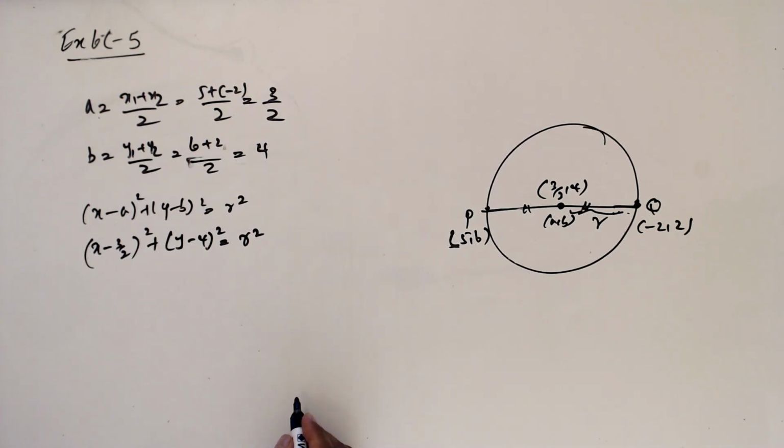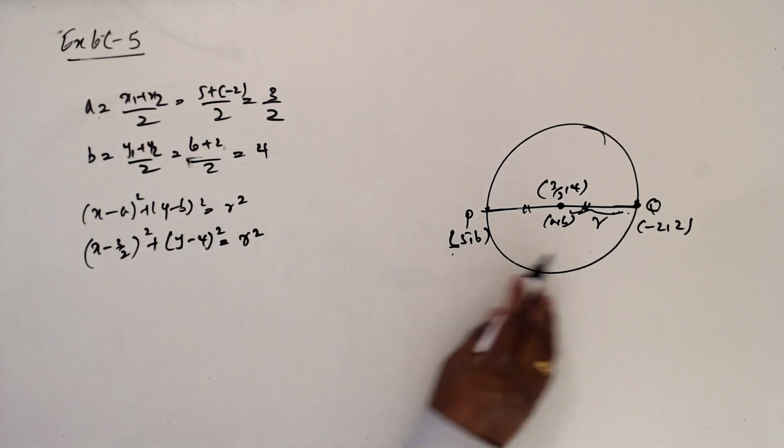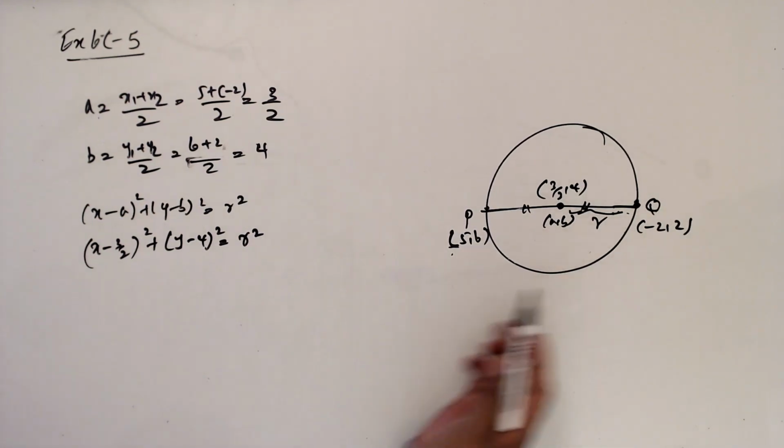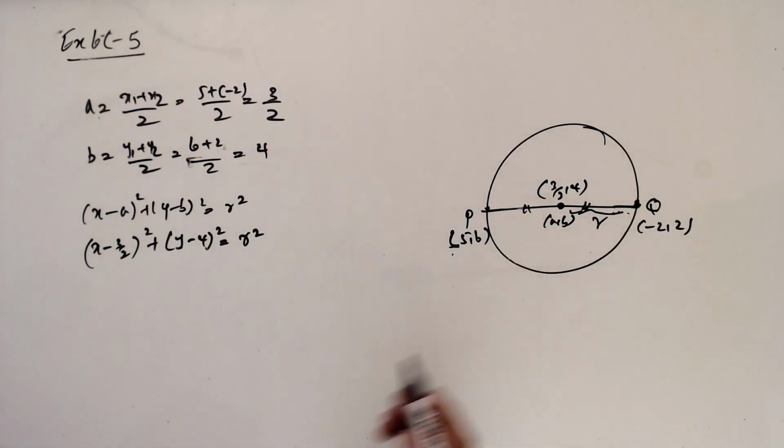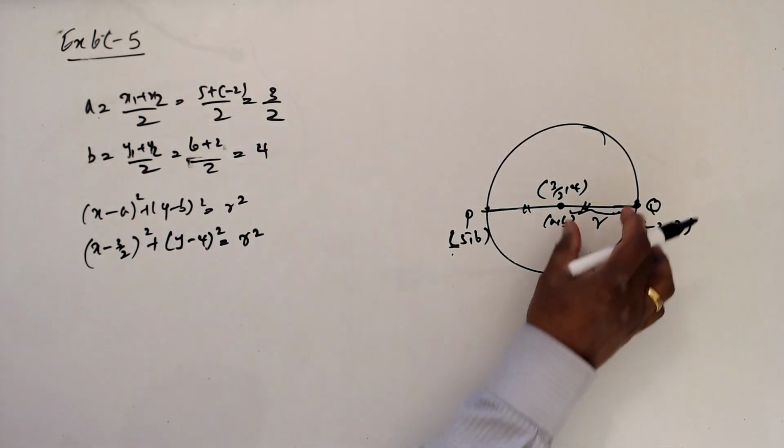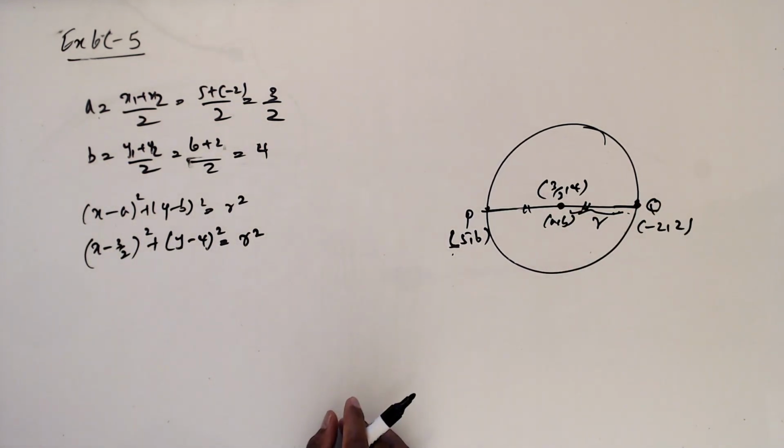r square we can find two ways. Either we can substitute any point, 5, 6 or minus 2, 2. That is one way. The second way is we can find this distance and we want to find half of the distance. Or we can straight away calculate the radius.